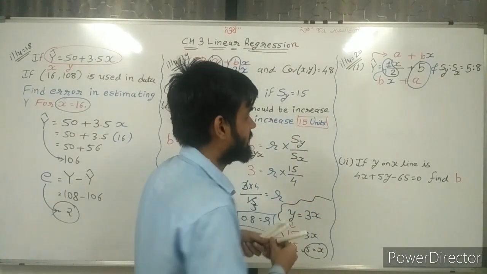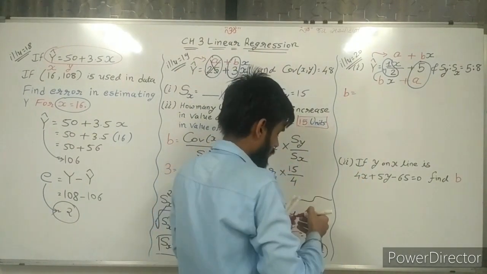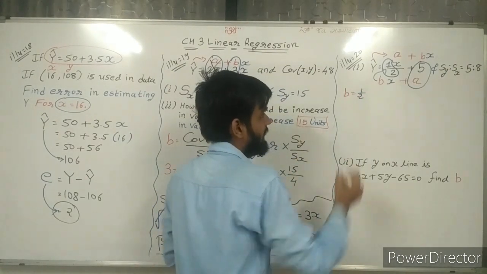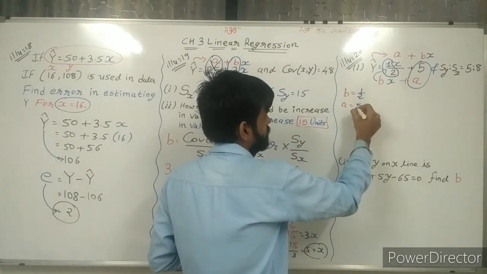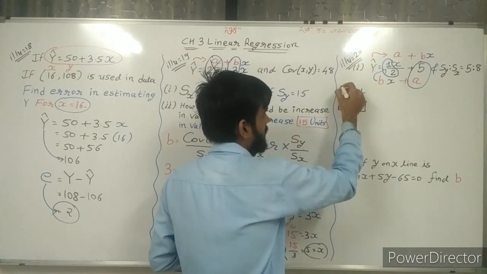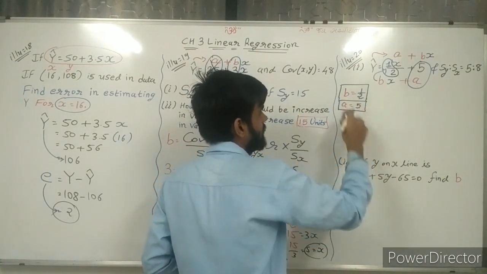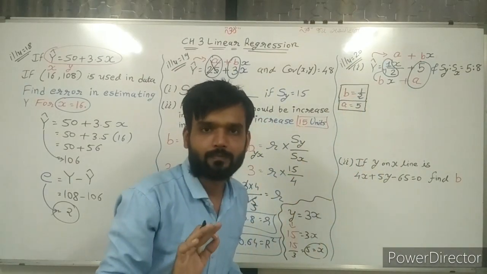So here I can write b is equal to 1 by 2 and a is equal to 5. I have these two values on the basis of this equation.